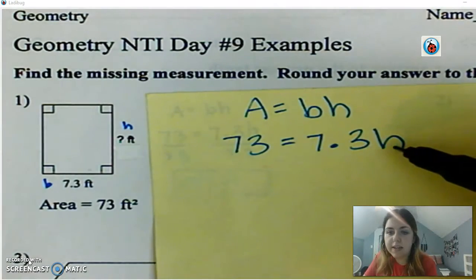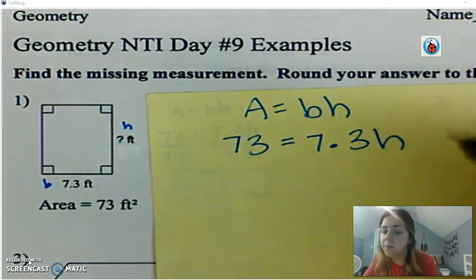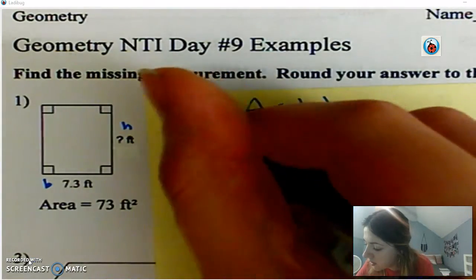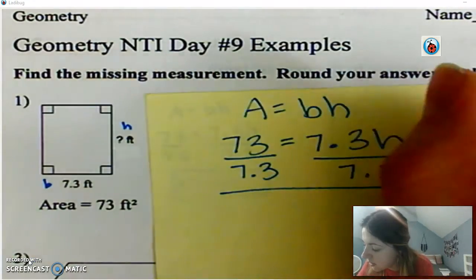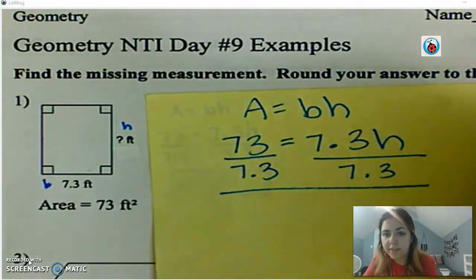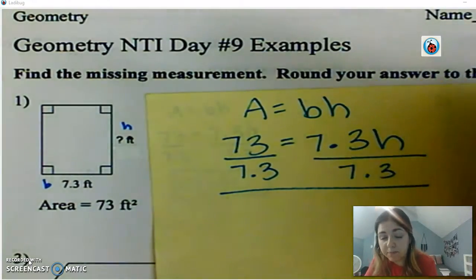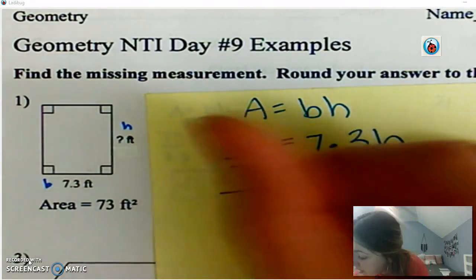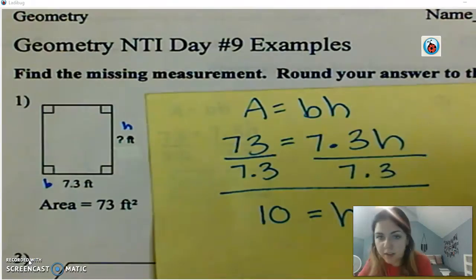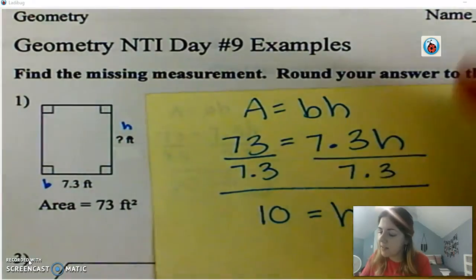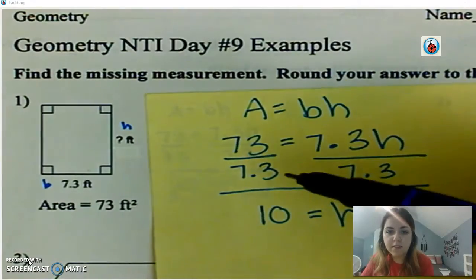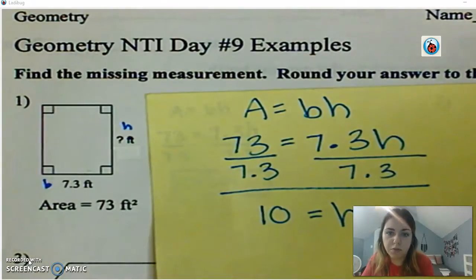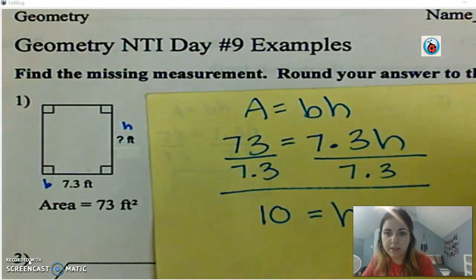If this H was an X, you would divide both sides by 7.3. 73 divided by 7.3 is 10, so 10 equals H, and you're done. The missing measurement is 10 feet.